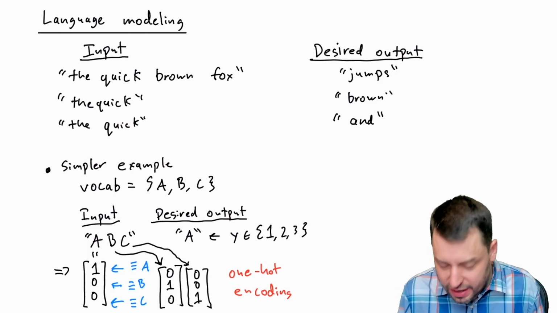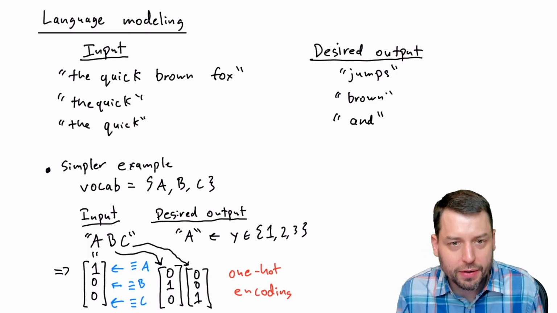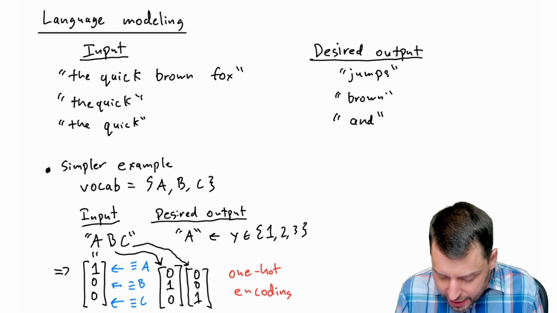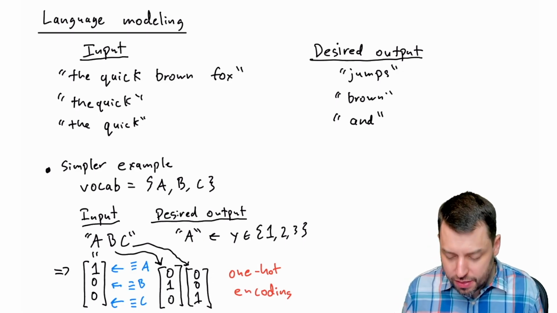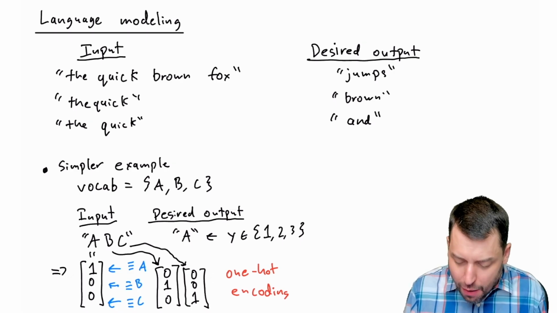It would be the first word in our vocabulary. Okay, so this is conceptually how we represent these inputs here. But now I want to be a bit more specific, because previously, representing, I should say, the inputs.